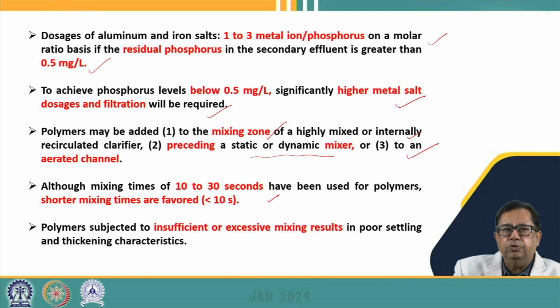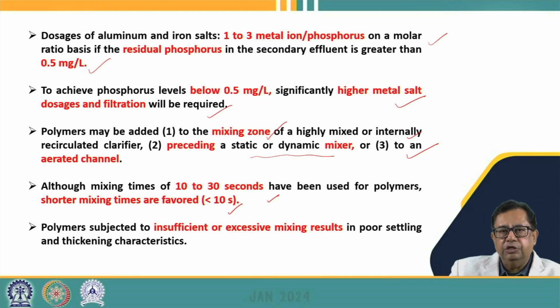We should try to keep shorter mixing times by providing a number of mixers, and maintain mixing times of less than 10 seconds, because inefficient mixing or excessive mixing both result in poor settling and thickening characteristics of the sludge that will be generated.